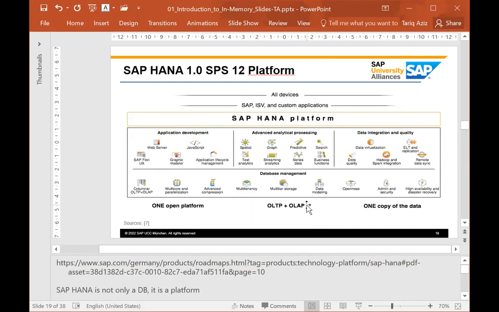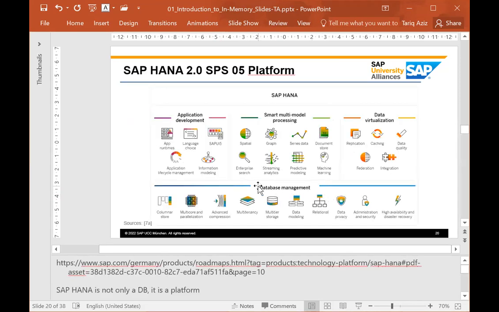Let's go back and see. Relationship is not here. Openness is there. Similarly, in this HANA we have graph, which was there before.